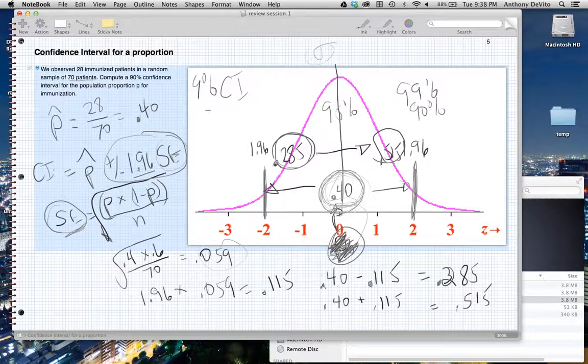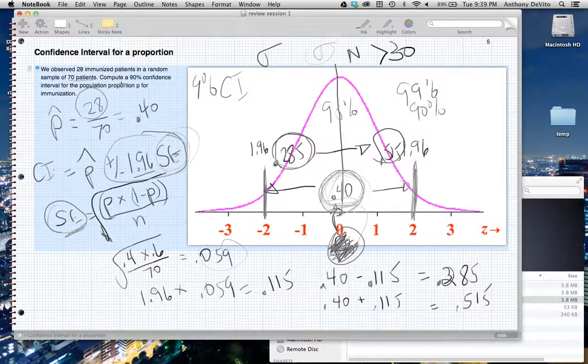Now, notice I didn't know the population standard deviation here, and yet I did this problem anyway. One of the rules about doing confidence intervals for proportions is your sample size has to be at least 30. Not only that, but both sides, remember, we had 28 people that were immunized out of 70.